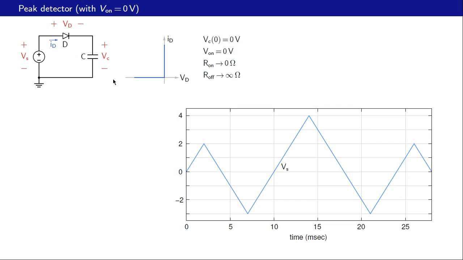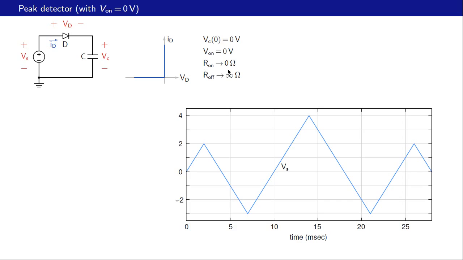We will assume that the diode is ideal. It has an on voltage of 0 volts. The capacitor voltage Vc is initially given to be 0. The input voltage given by this graph is applied, and we want to find Vo as a function of time. And we assume that the diode is ideal.